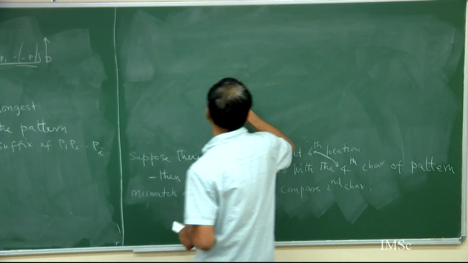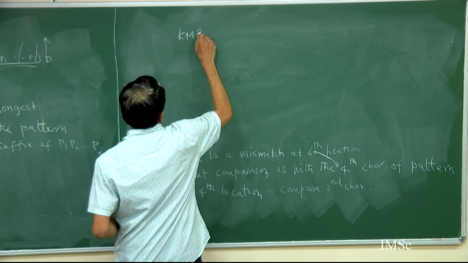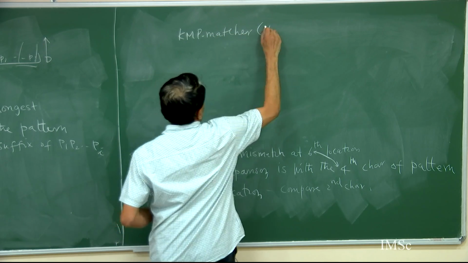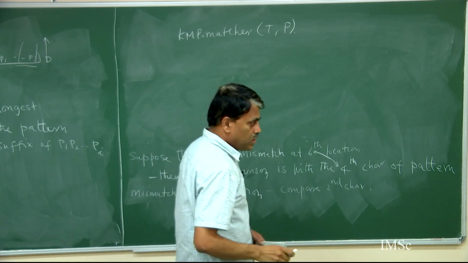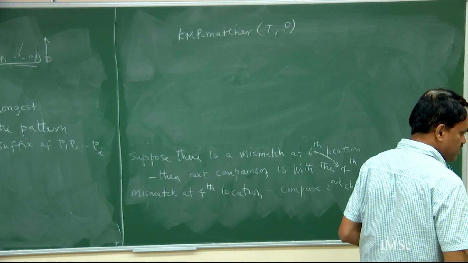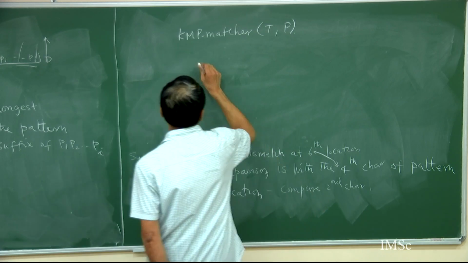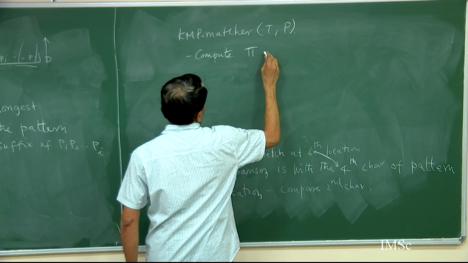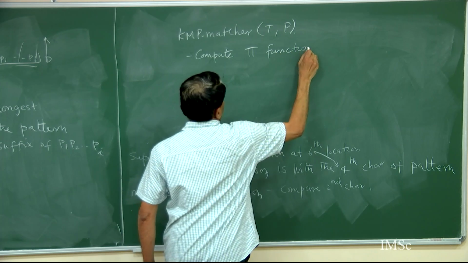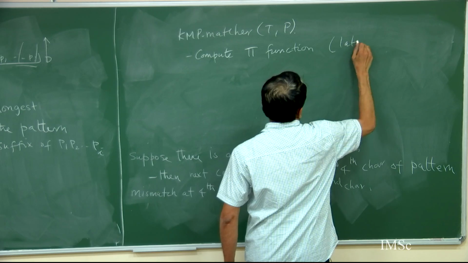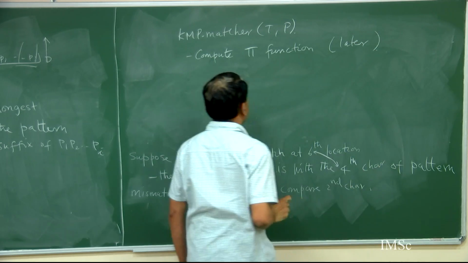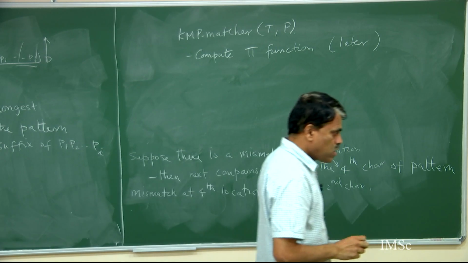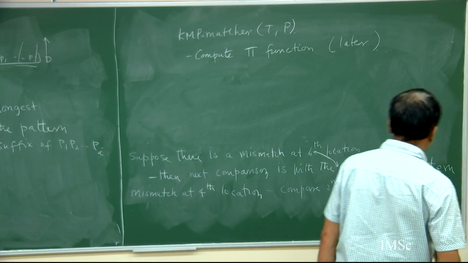So, let us now write the KMP matcher. You are given a text and a pattern. Text length is n, pattern length is m, and first compute the pi function. We will do this later, how to do it and its running time. Now I am going to run my text on it.